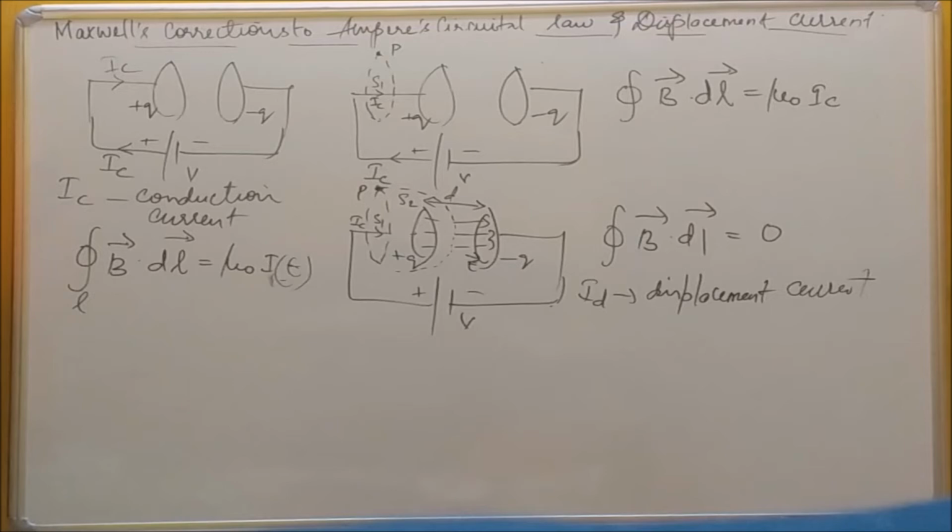How is it produced? The time varying electric field or electric flux exists between the plates of the capacitor. At that time the current produced is called the displacement current.